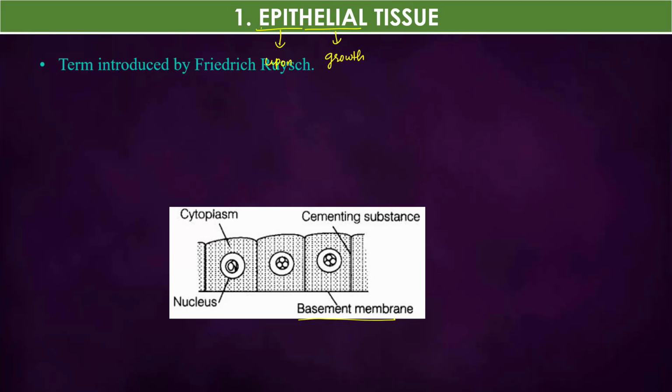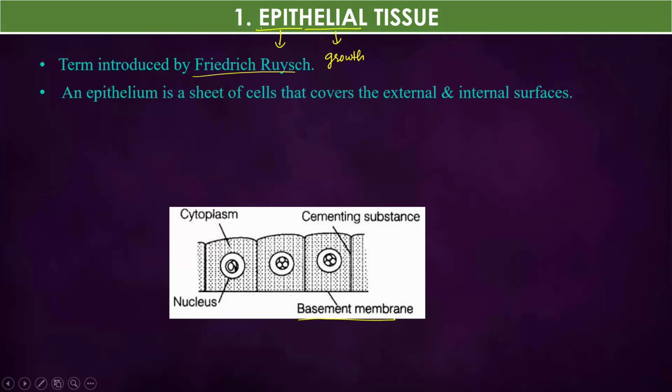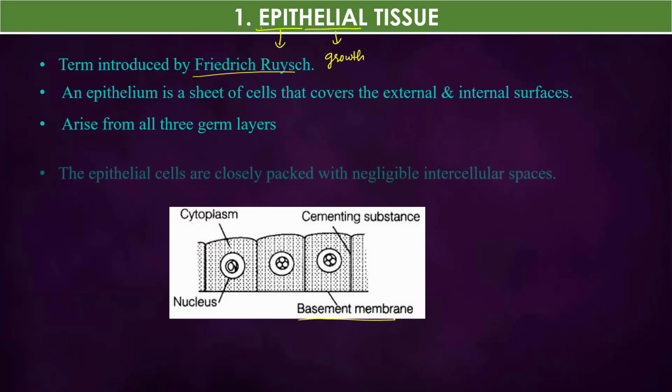The term epithelia was first used by the scientist Frederick Ruysch. Epithelia is a sheet of cells that covers the external and internal surfaces of the body, and the cells are compactly arranged with little intercellular matrix. Epithelial tissue arises from all three germ layers of the body, that is the ectoderm, mesoderm and endoderm.